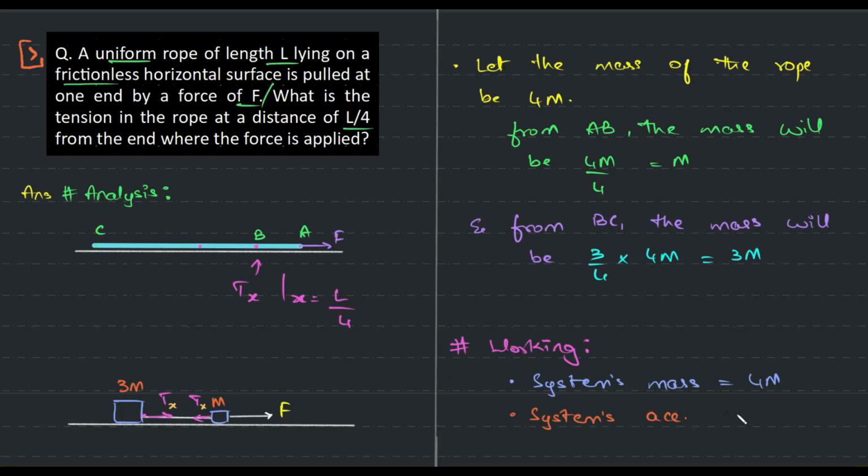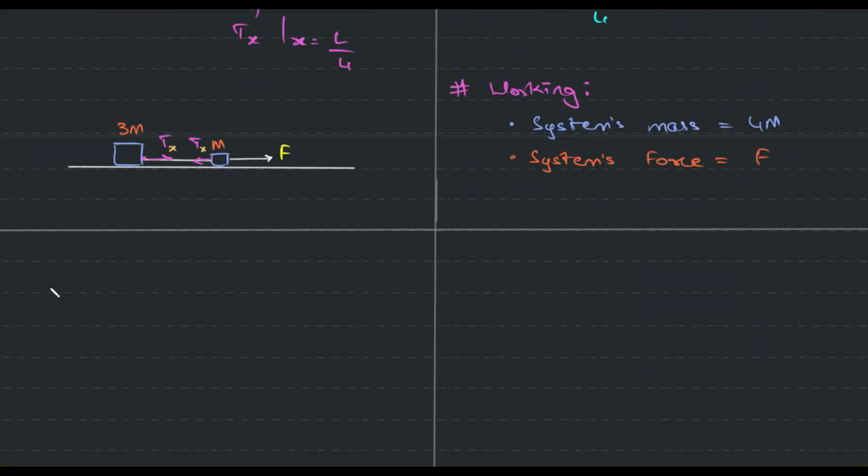The force on the system is equal to F. And so the acceleration of the system is F by 4m. Now we know that this entire thing is getting accelerated at the rate of F by 4m.